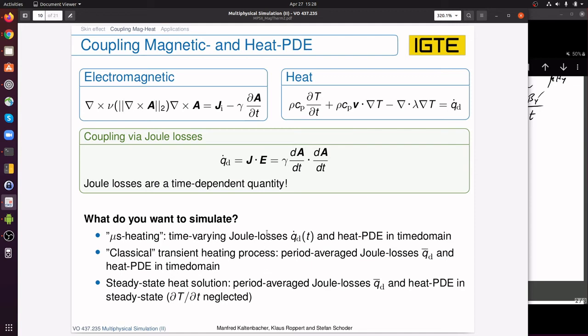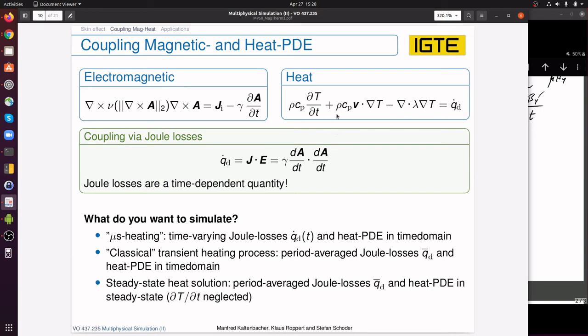So in that case, you really need to consider these Joule losses in time-dependent form, apply this term, this Q_D, onto the heat problem and solve the heat problem also in time domain.